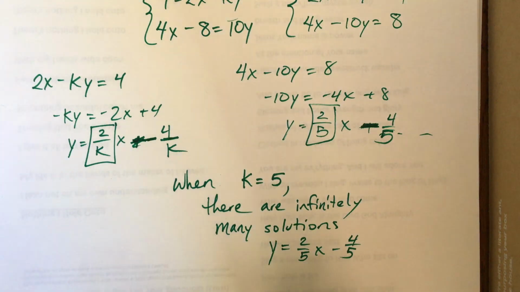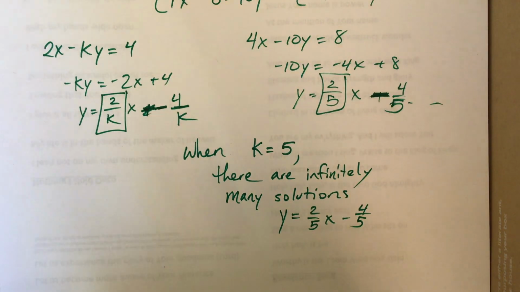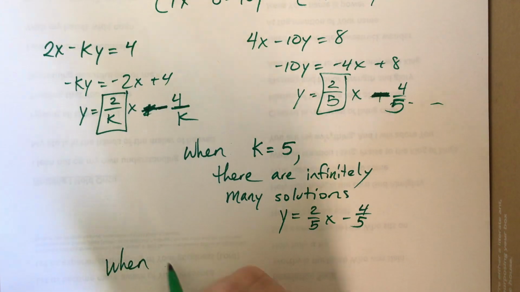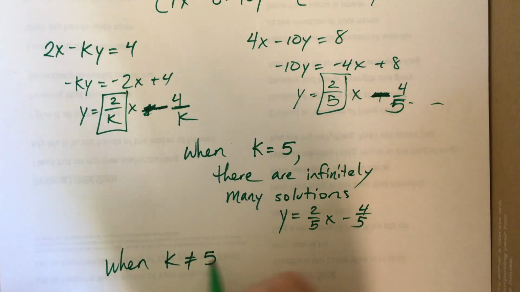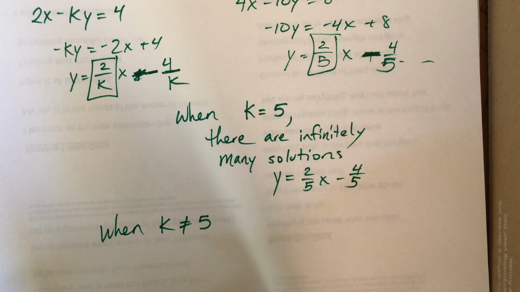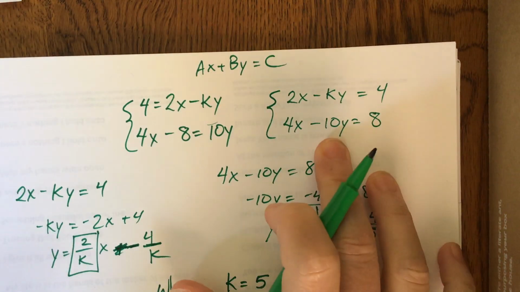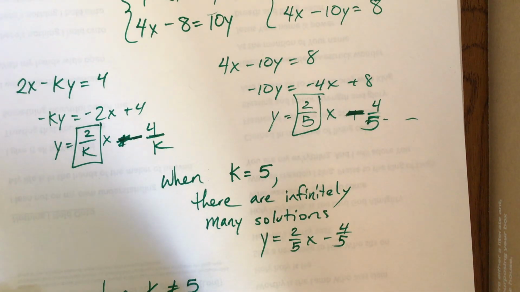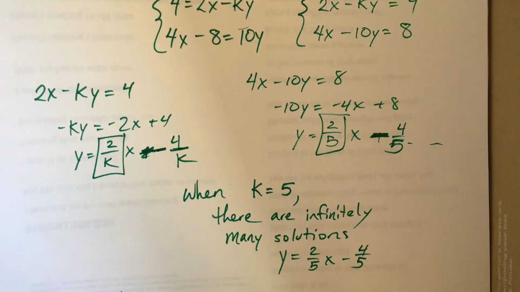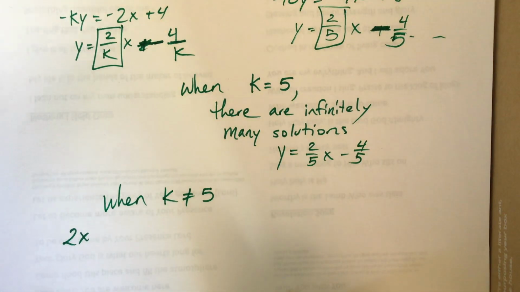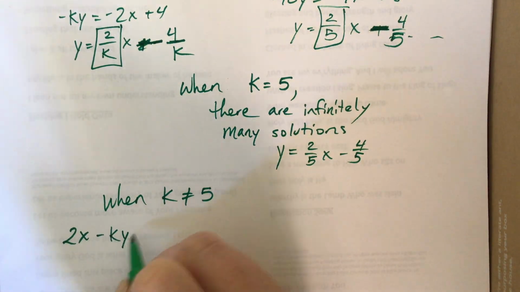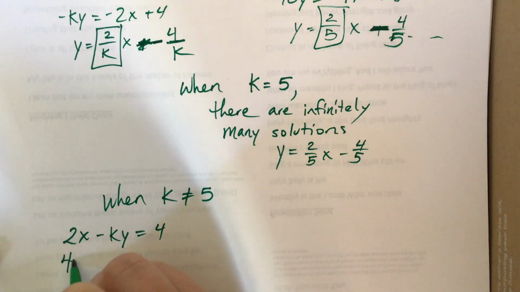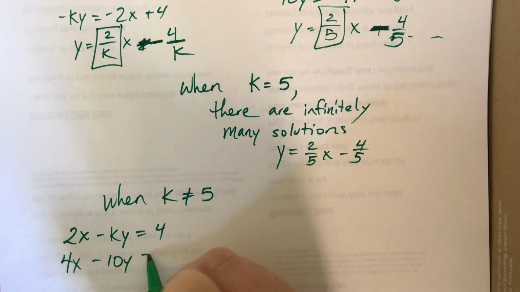Then they ask, what happens when k is not 5? When k is not equal to 5, we want to solve that system. So I'm going to grab the system from up here: 2x minus ky equals 4, and 4x minus 10y equals 8.